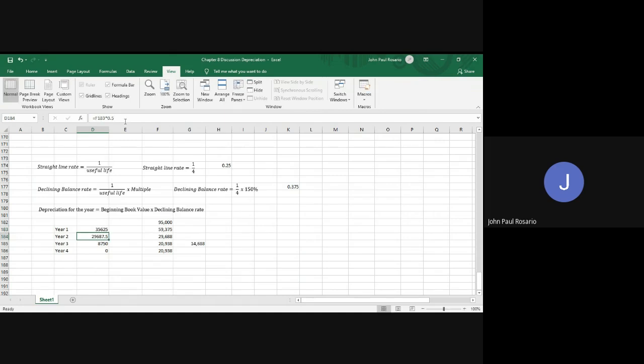Okay, this one, then this one, plus this one times 0.375. Okay, it still works.